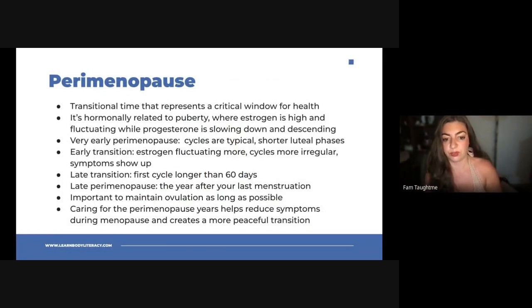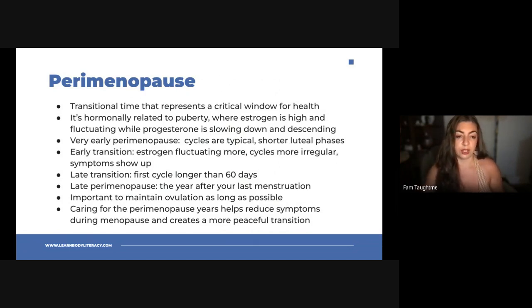Okay, so we'll move on to perimenopause. This is the transitional time that represents a critical window for your health. So it's hormonally related to puberty, where estrogen is high and fluctuating, while progesterone is slowing down and starting to descend.